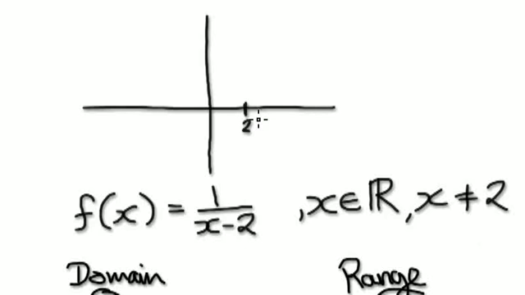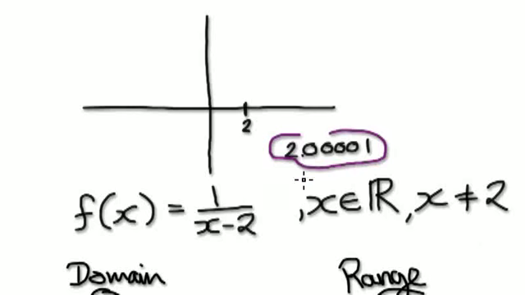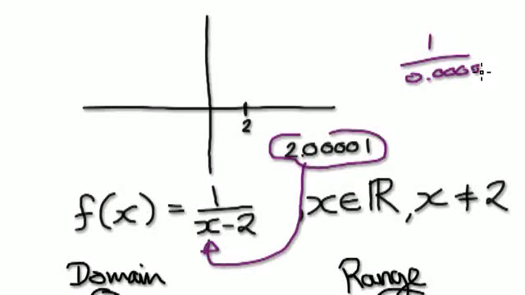Now what you do is you select a number that's really close to the number 2, but just to the right. So you would put something like 2.00001 into this x here. Now 2.00001 take away 2 will give you 1 divided by 0.00000 whatever 1.